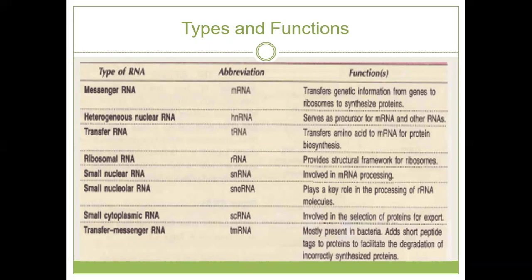Then this RNA will be the one involved in the selection of which proteins are to be taken out and which ones are not going to be taken out. There are also quite a number of them, for example, that are involved in the regulation of gene expression. We have microRNA, we have small interfering RNA, etc. There are many. You can read about them on your own.